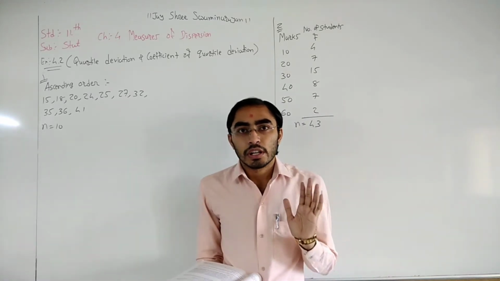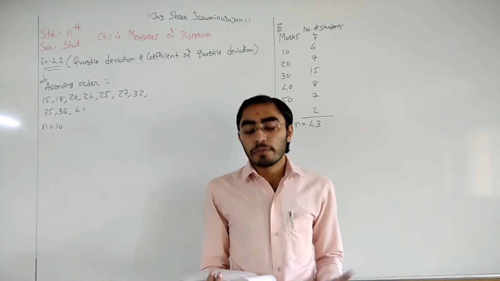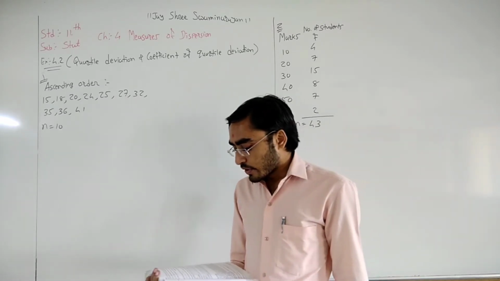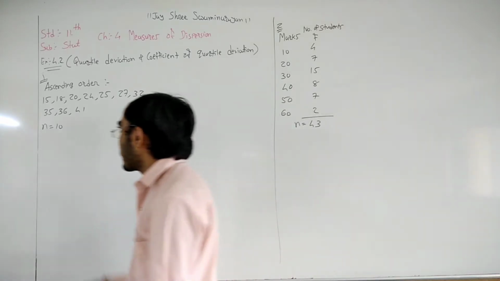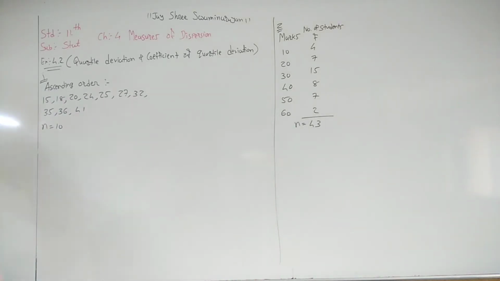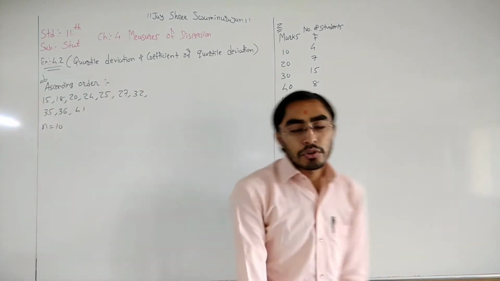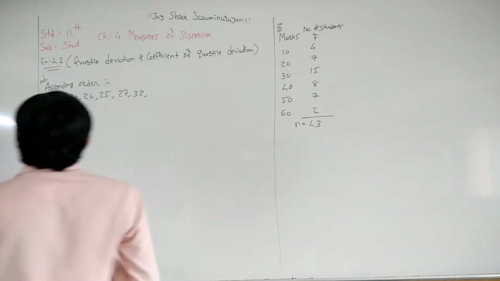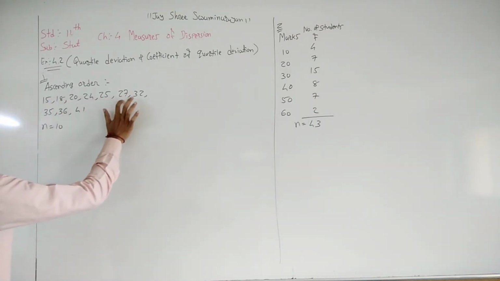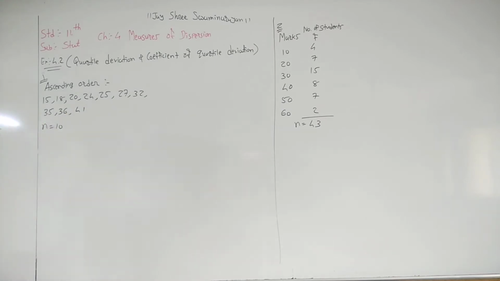We need to find the quartile deviation and coefficient of quartile deviation, and it is also written that last 10 tries. That means our n is equal to 10. Otherwise, we can also count from here 1, 2, 3, 4, 5, 6, 7, 8, 9, and 10. Total 10 observations are there, so n is equal to 10.